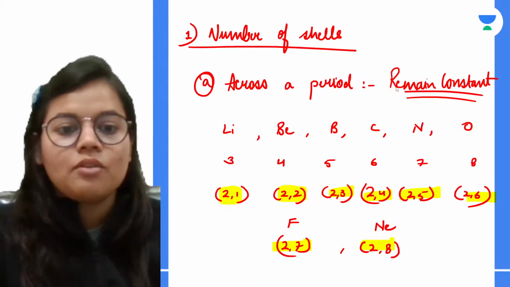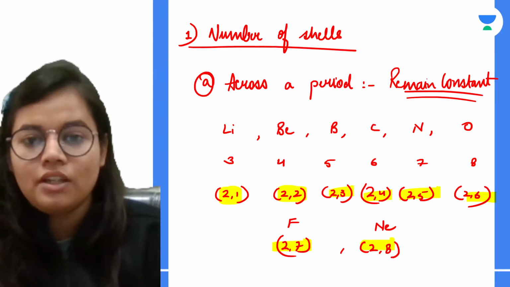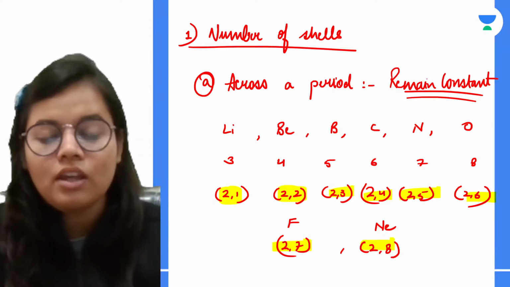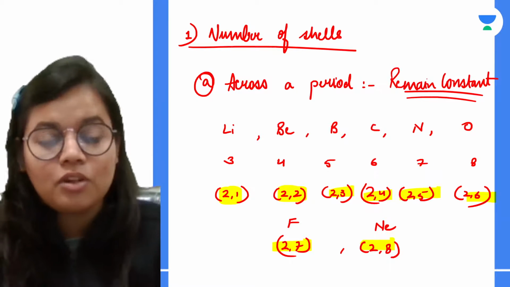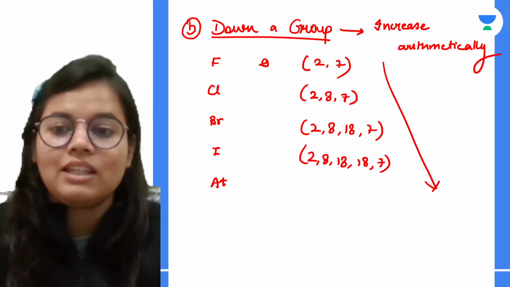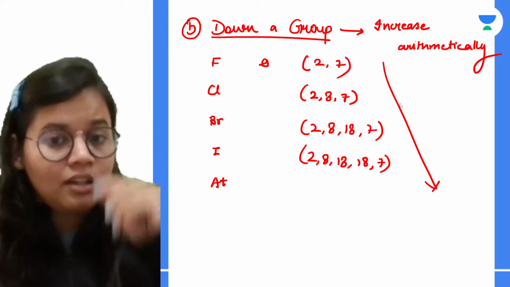The first property is the number of shells. Across a period, the number of shells remains constant. Down the group, the number of shells increases arithmetically, one by one.